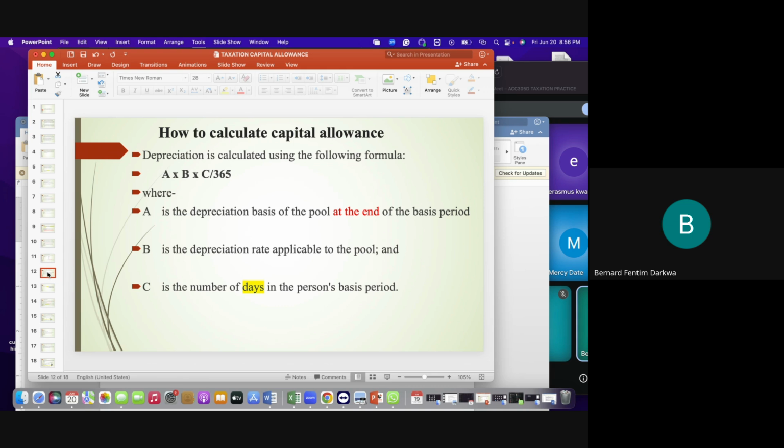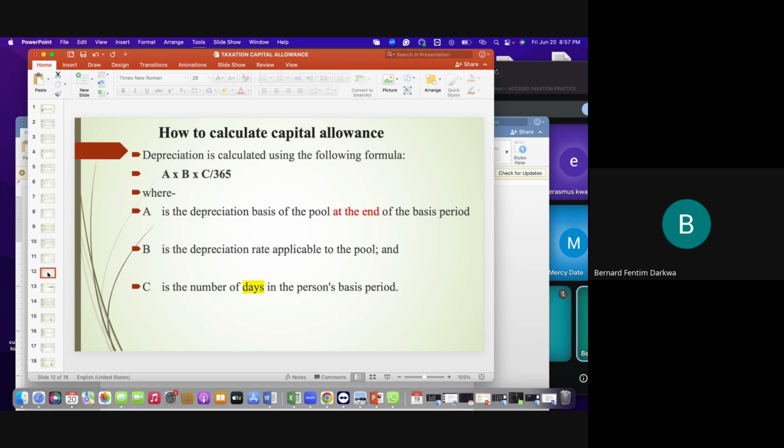Now, how do we calculate capital allowance? Capital allowance is calculated by the formula A times B times C all over 365. A is the depreciable base, the pool balance.